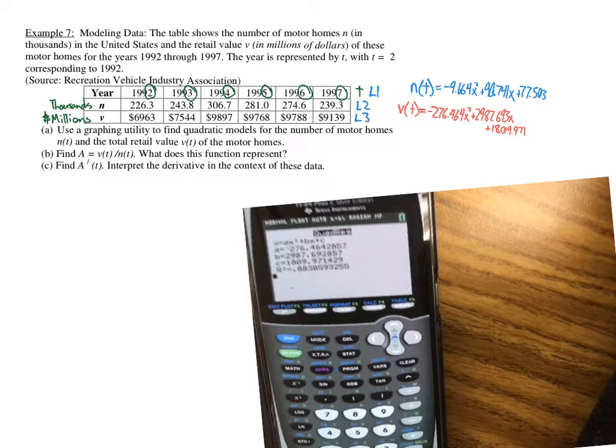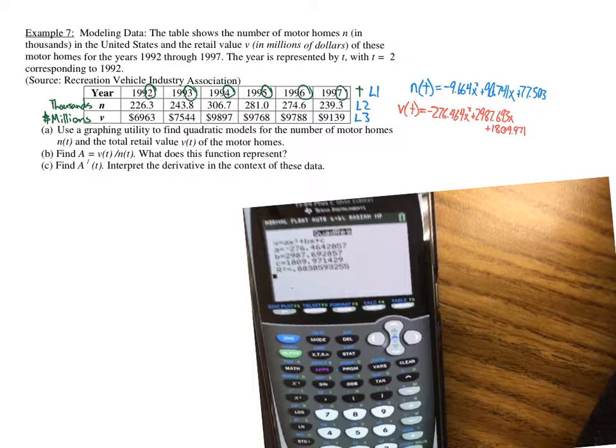So now that we have these models, guys, okay, if I have A equals V of t over n of t, let's think about what this is going to give us. The retail value will be per multiple. Now, notice our units of measure. It's going to give us our value in millions per 1,000 of mobile homes.